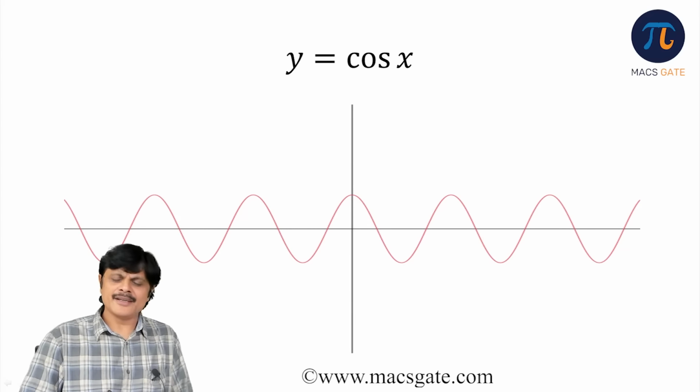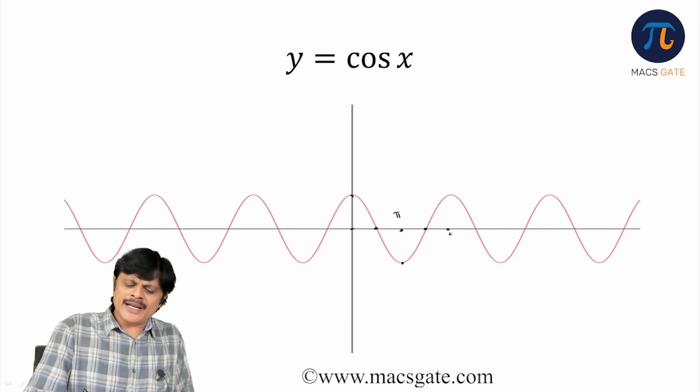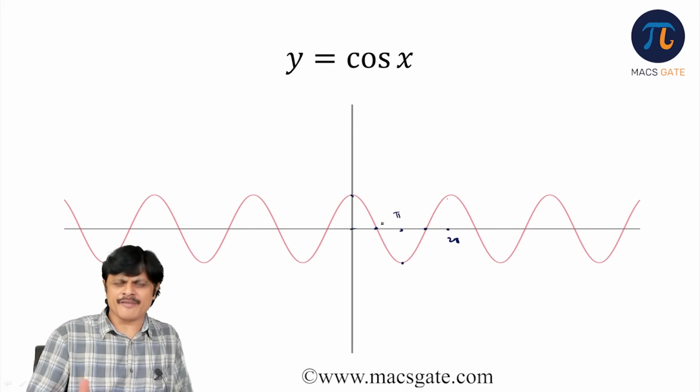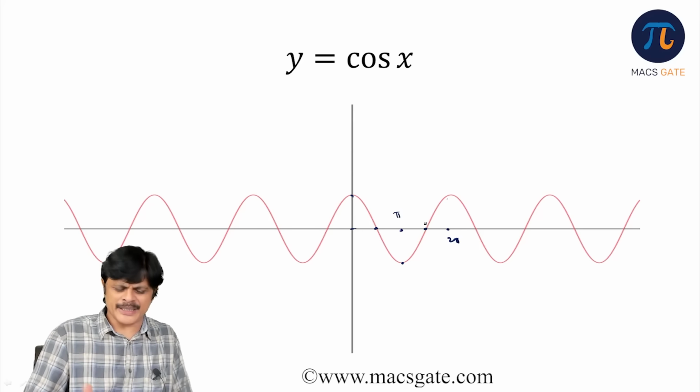Next one is cos x. The graph, see, at x equal to 0 it is 1, at x equal to pi by 2 it is 0, and again at x equal to pi it is minus 1, and at 3 pi by 2, and again at 2 pi, it goes to 1. So from 0 to 2 pi, it's a periodic function. Sine and cos are periodic functions of period 2 pi, so the graph will be repeated at every interval of length 2 pi.